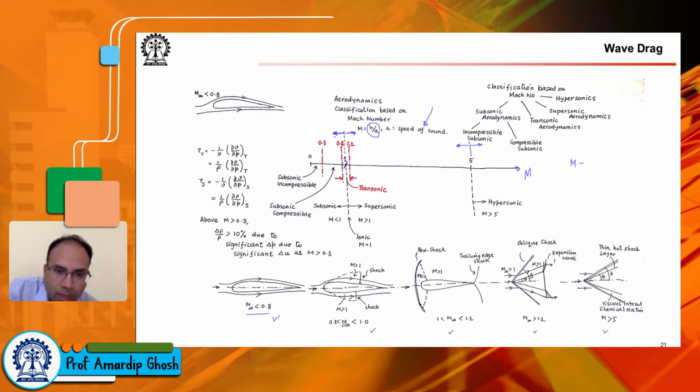However, at some point, your free stream velocity can be such that you have a sonic condition on the wing at some point. In fact, we will see that Mach number has a very special name. So what I'm saying is, when your vehicle is flying at a Mach number of 0.6, although the flow is accelerating in some portions of the wing and becoming, say, Mach 0.65, somewhere Mach 0.7, it is never reaching Mach 1.